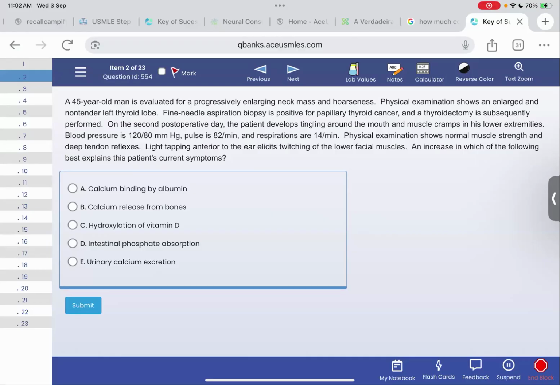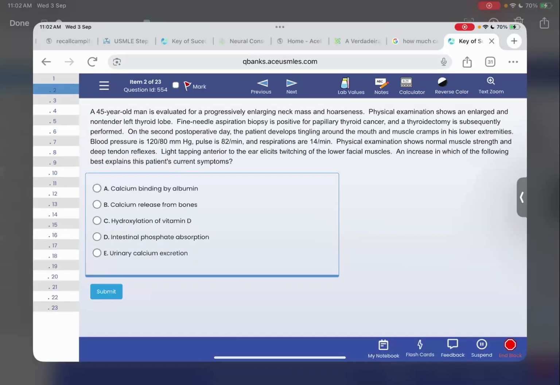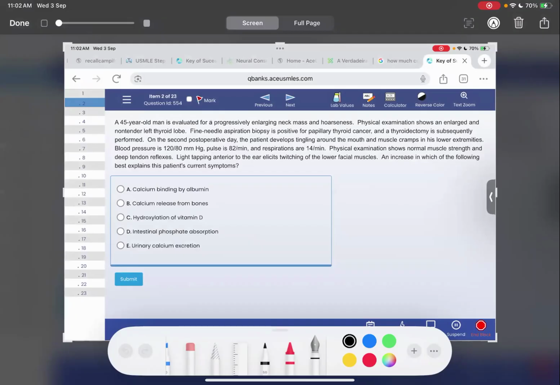On the second post-operative day, the patient develops tingling around the mouth and muscle cramps in his lower extremities. Blood pressure is 120/80, pulse is 82, and respiration is 14. Physical examination shows normal muscle strength and deep tendon reflexes. Light tapping anterior to the ear elicits twitching of the lower facial muscles. An increase in which of the following best explains this patient's current symptoms?